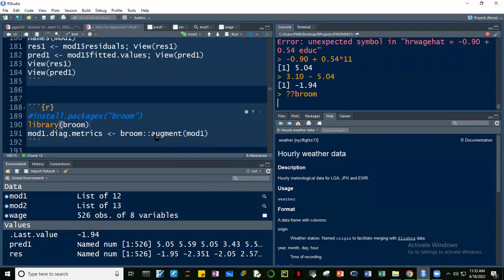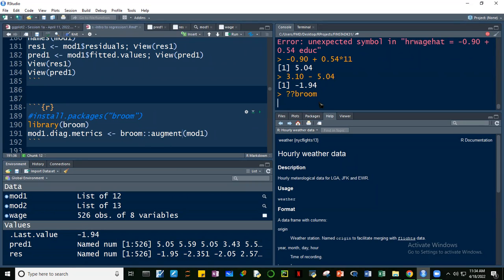So we can make use of sa Broom package, merong augment na function, which will generate yung metrics ng linear model natin. So we're creating here an object called mod1 diagnostics metrics. Of course, you can name this differently. And then we're using from the Broom package the augment function.